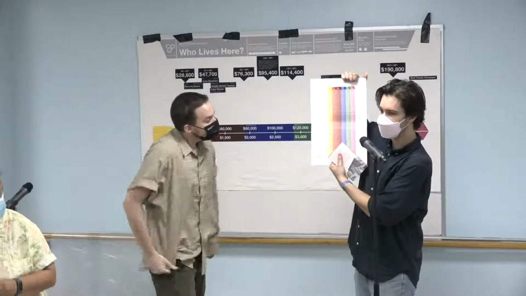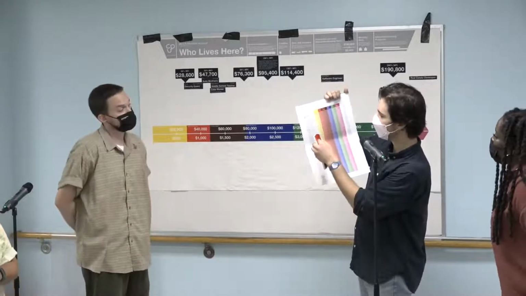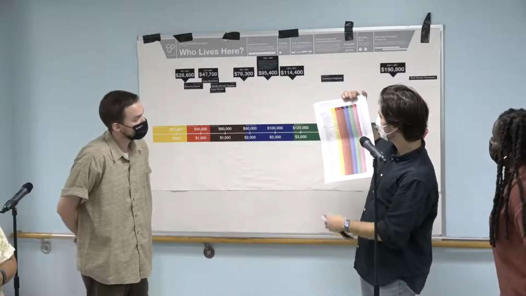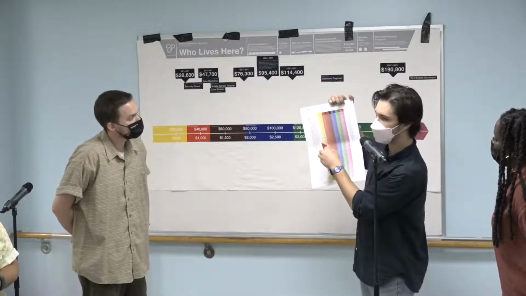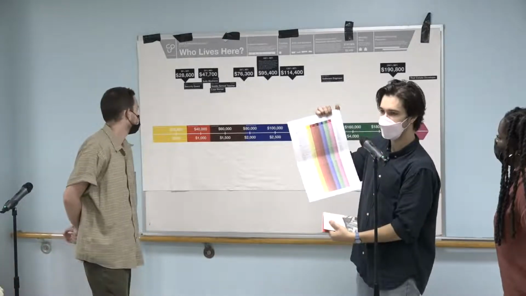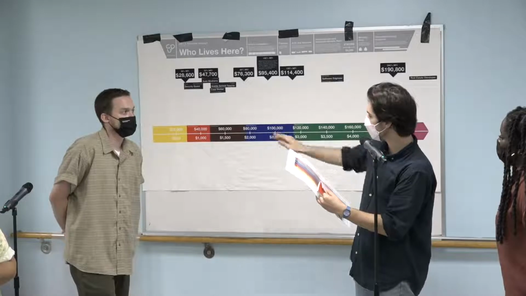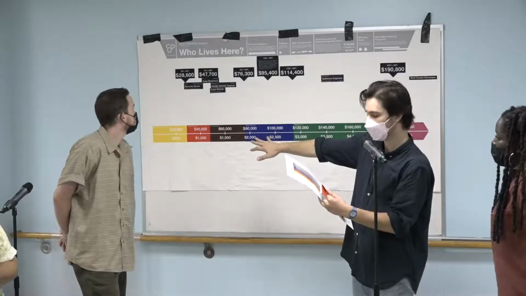Okay. So this is a chart that has all of the neighborhoods in the 5 boroughs, and for every neighborhood, it has the number of families in every one of these income categories along the spectrum. And so for Bushwick, we're going to start with the very low income category.